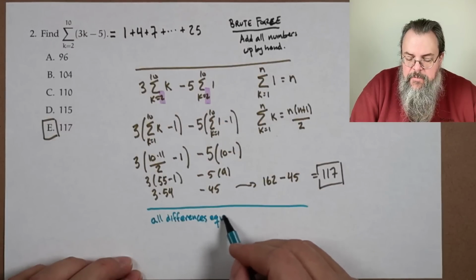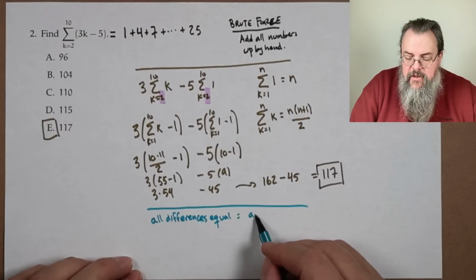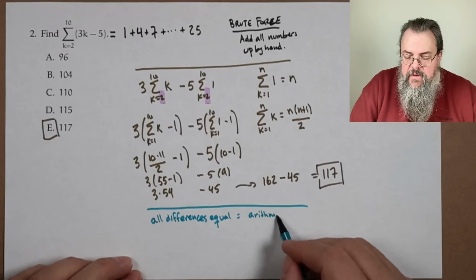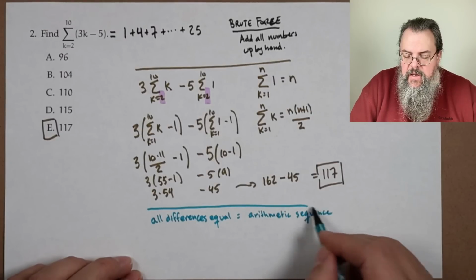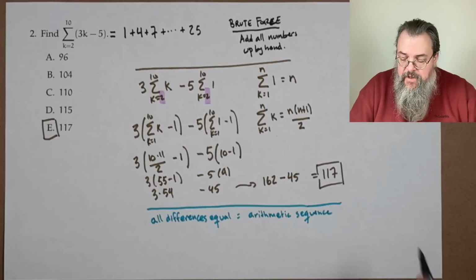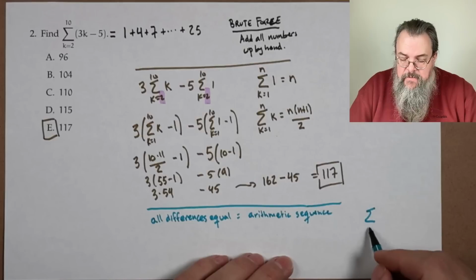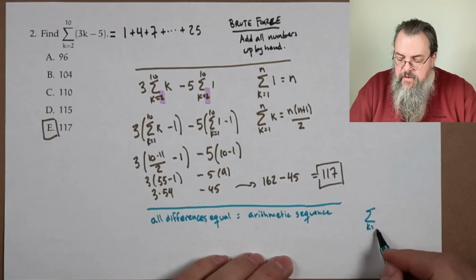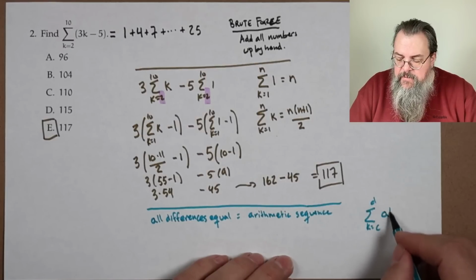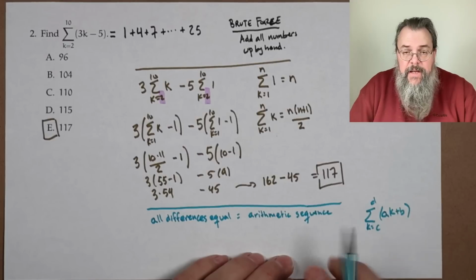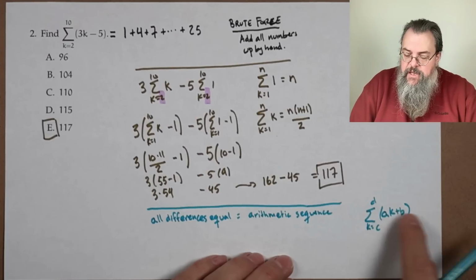This has a very particular name. It's called an arithmetic sequence. It just means that we're adding the same quantity each time. And they all have the exact same look. They all look like the sum from k equals c up to d of a times k plus b, for various choices of a, b, c, d.